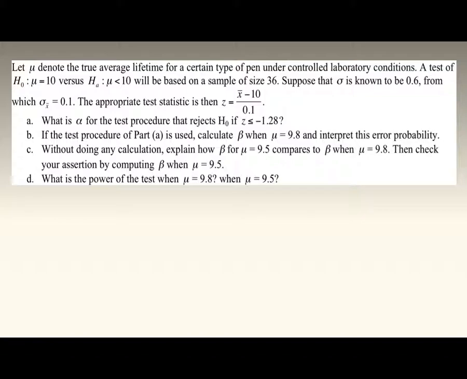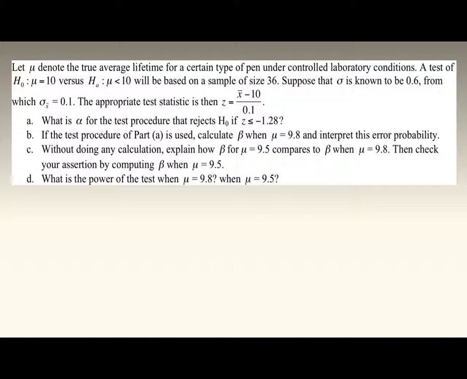It says, let mu denote the true average lifetime for a certain type of pen under controlled laboratory conditions. A test of mu equals 10 versus mu less than 10 will be based on a sample of size 36. Suppose that the standard deviation is known to be 0.6 and that the standard deviation of the sampling distribution is 0.1.